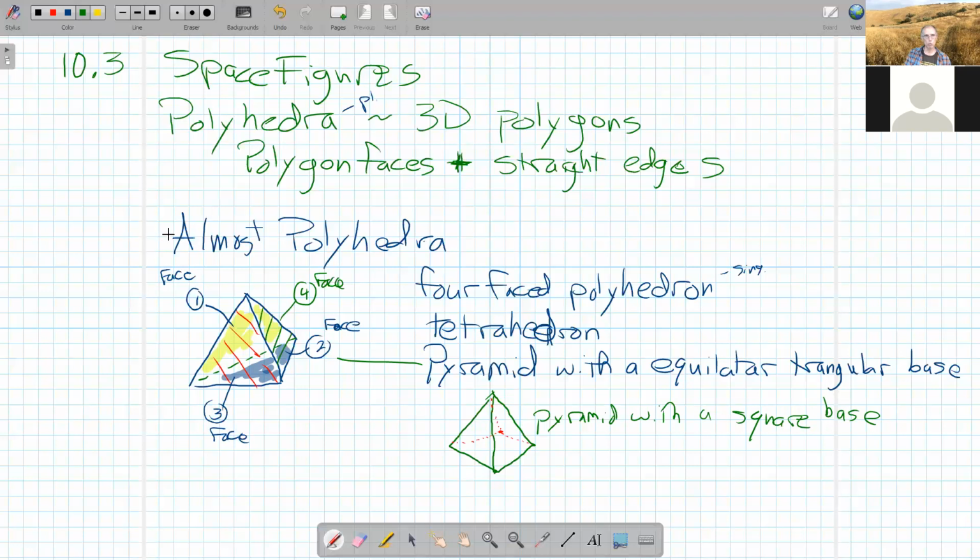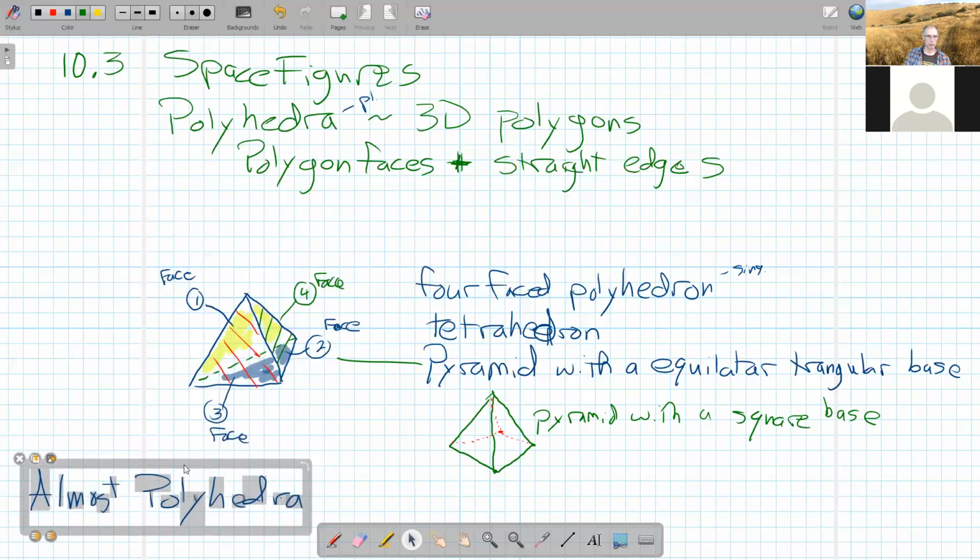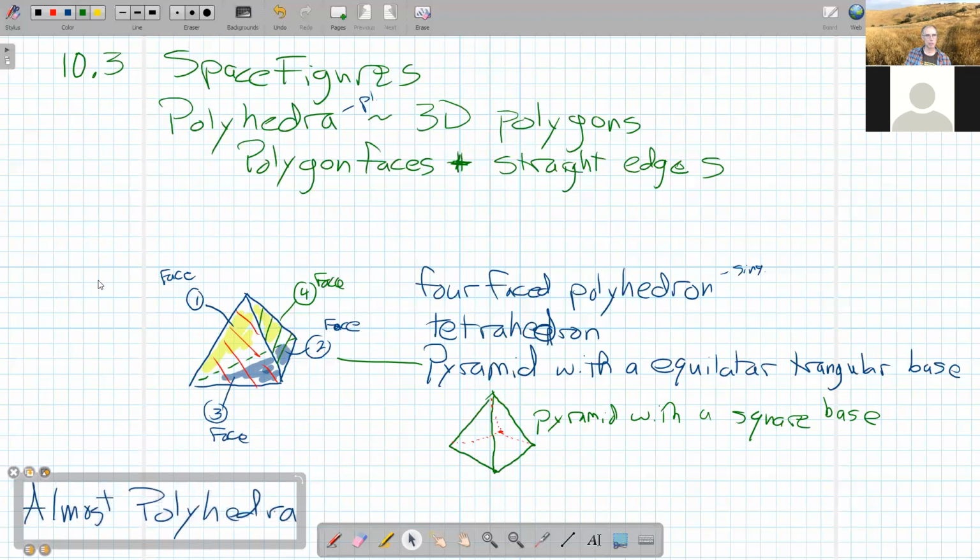Now, as far as almost polyhedra, I put that title in the wrong spot. Let us move it down here. So here's an example down here of an almost polyhedra that's related to these guys.